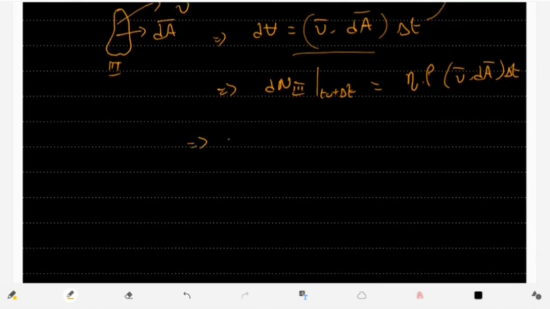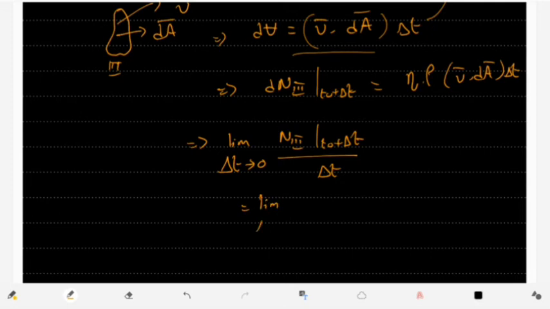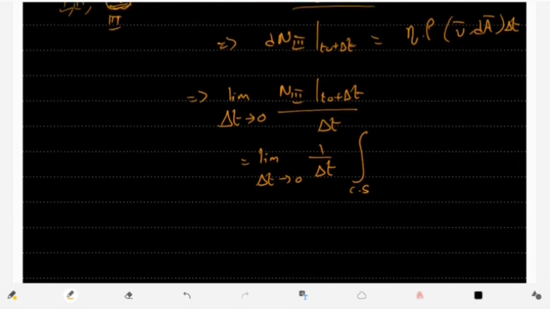Now apply the limit delta t tends to 0 of N3 at t naught plus delta t by delta t equals limit delta t tends to 0, 1 by delta t, integral of control surface. As we are considering our separate systems like 1, 2 and 3, we will consider these as control surface systems.